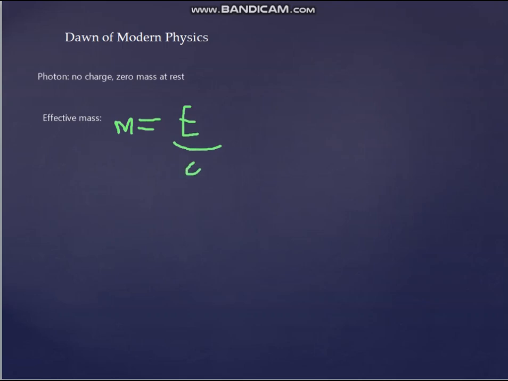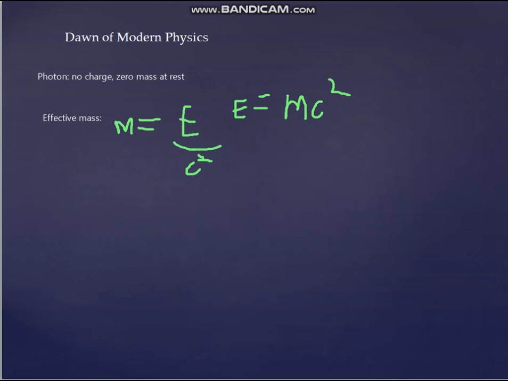This is from Einstein's equation, E is equal to mc squared. That's where m is equal to E over c squared comes from. So that's why m is equal to E over c squared.